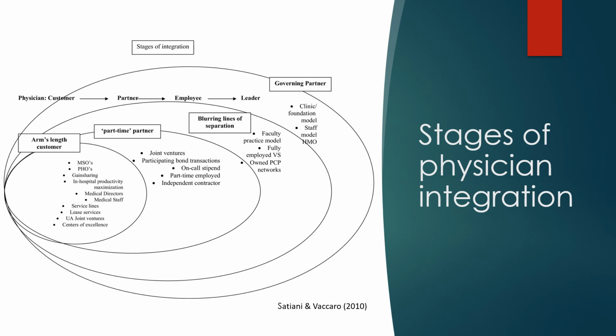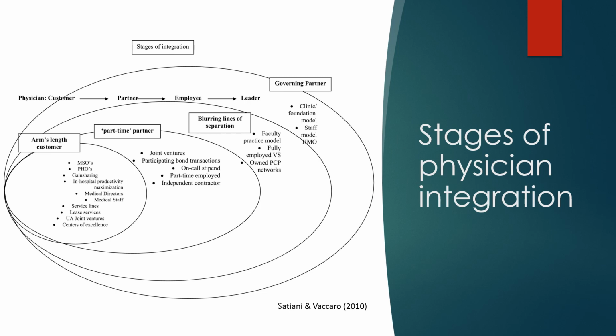From the left, there's the first circle where the physician is an arm's length customer, and this could be found in an MSO, in a PHO, in gain sharing, and other examples are given below. In the second circle, it can be a part-time partner. You find that as an example in joint ventures.